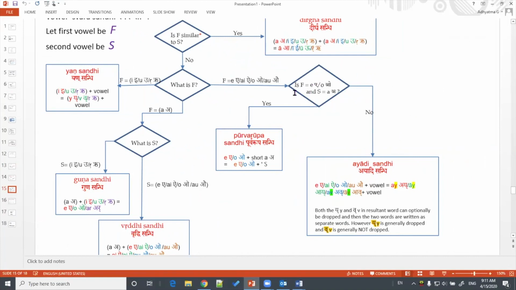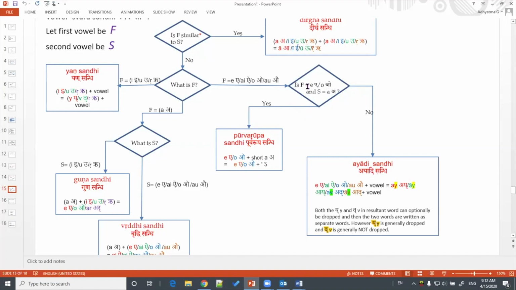So if the first vowel is ekara or okara and the second vowel is akara, then the sandhi is purva sandhi. That means the first vowel is retained and the second disappears. So A and O, and when the second one disappears, we put this avagraha sign.